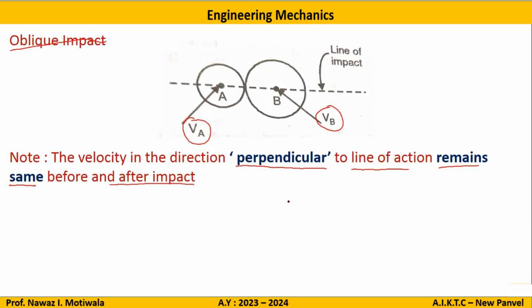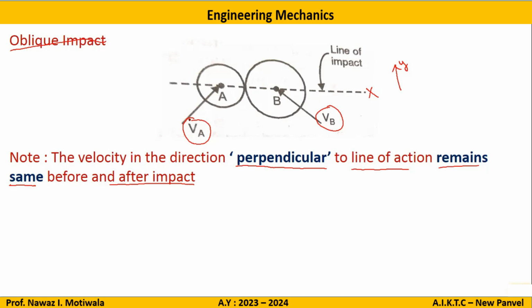What does it mean? Now let us say our line of impact is along x-axis as shown in this figure. Now as per this statement, the velocity in the direction perpendicular to the line of action. So if line of action is along x, the perpendicular will be along y direction. Remains same before and after impact.